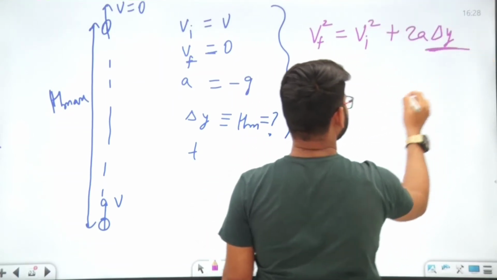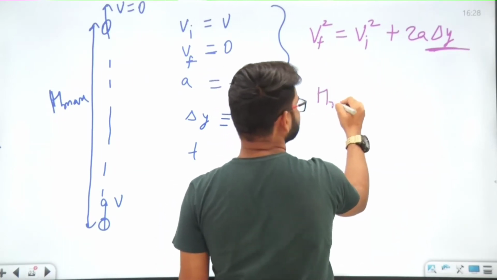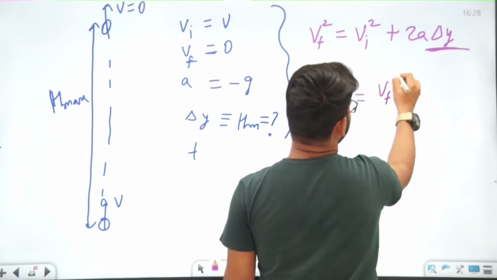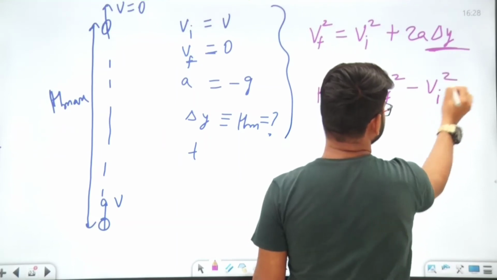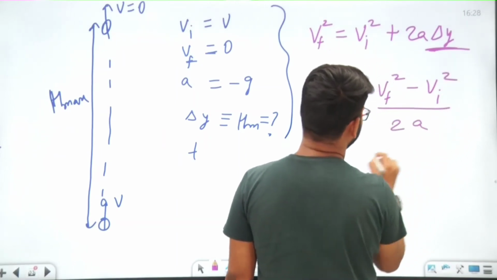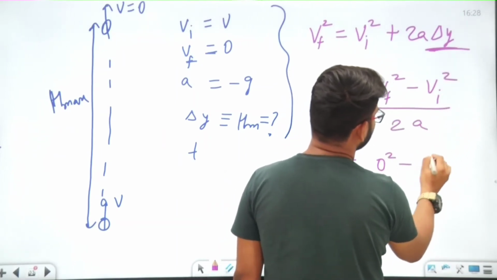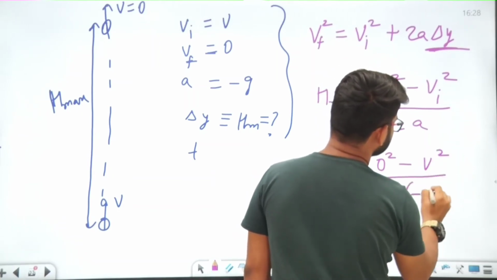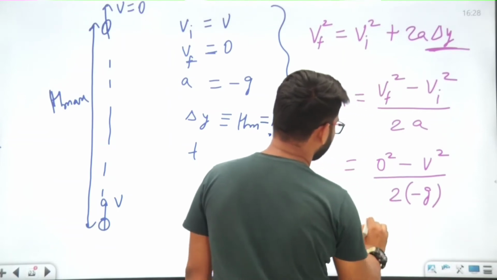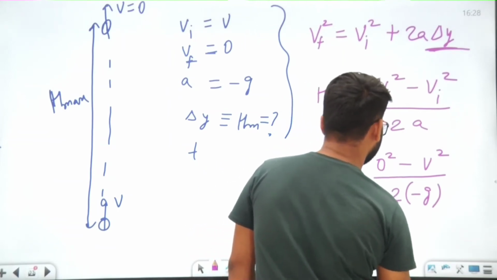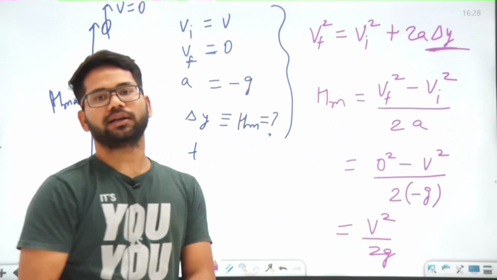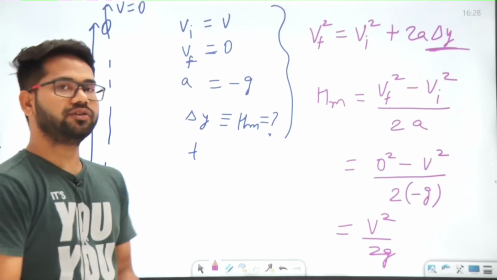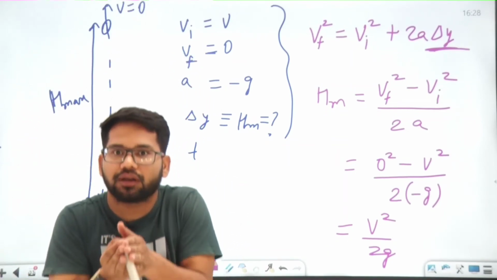We want delta y, that is h max, which is Vf square minus Vi square over 2a. So 0 square minus V square over 2 times minus g, and we get V square over 2g. This will be the maximum height reached by a body thrown upward, right?